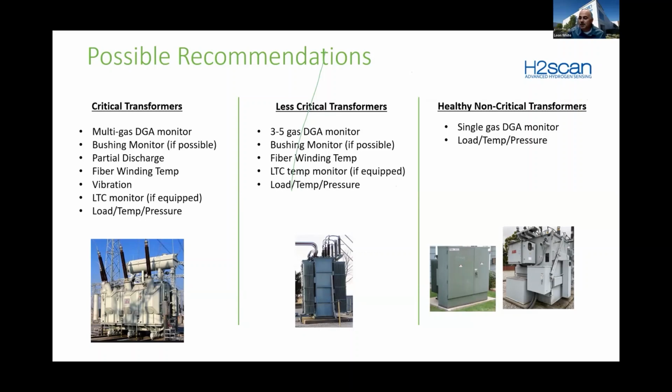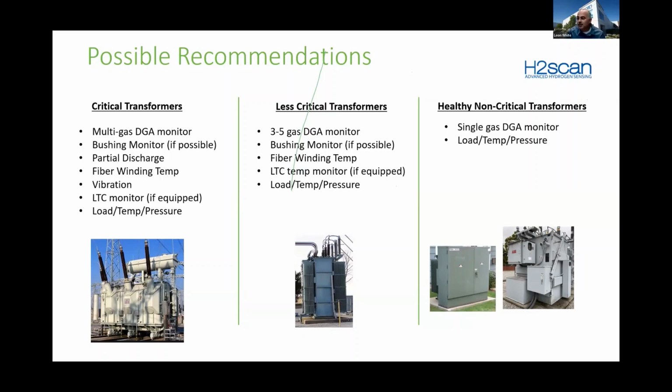Load tap changer monitoring. If your transformer has a load tap changer, there are monitors for load tap changers, but typically a load tap changer, especially a vacuum tap changer, should not be producing hydrogen. If they are producing hydrogen, putting hydrogen monitors on those is popular. And of course, load, temperature, and pressure.